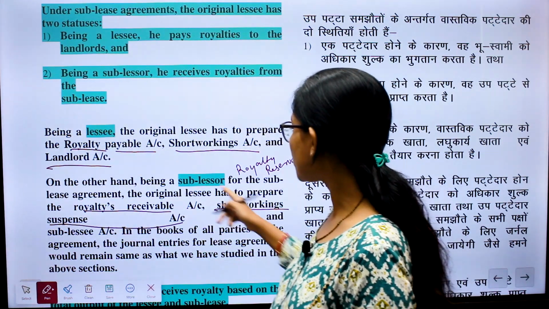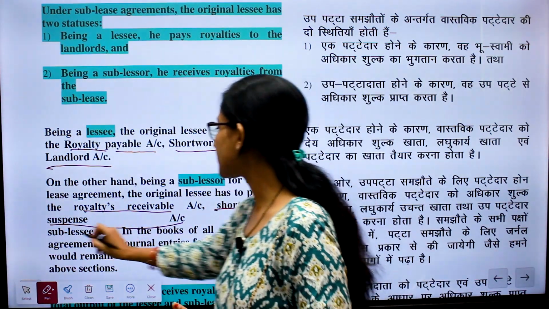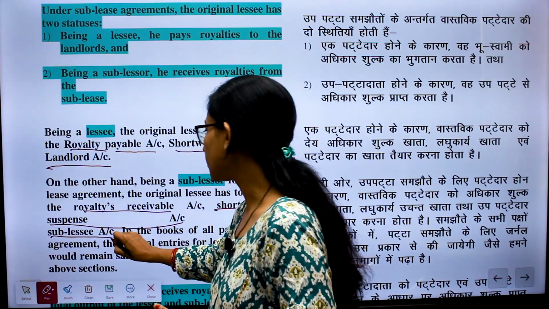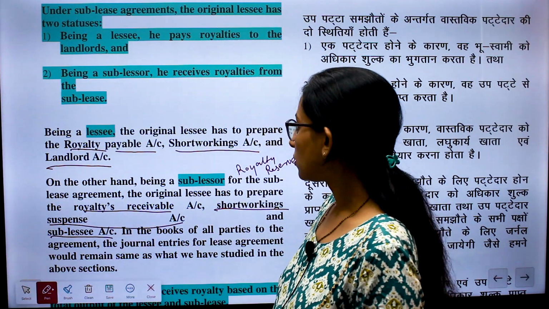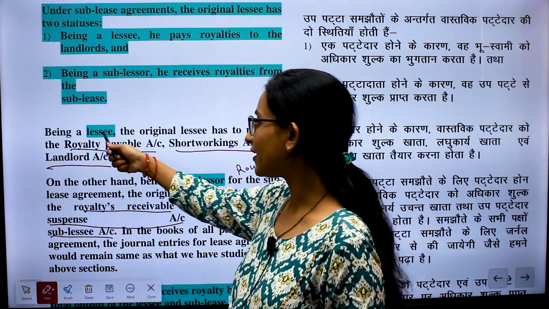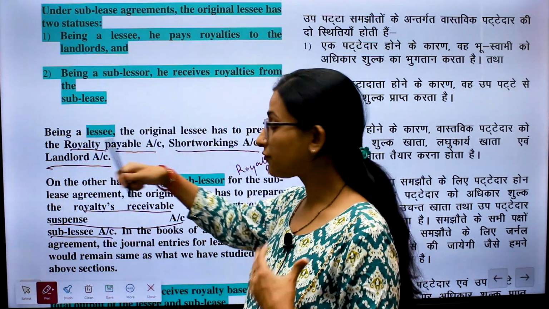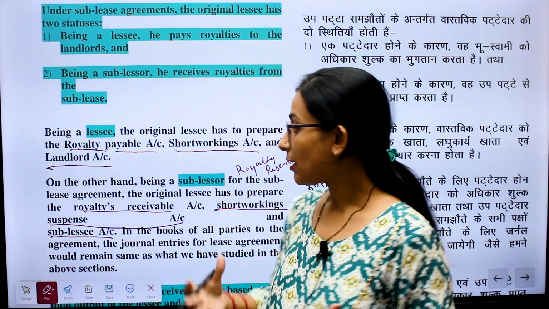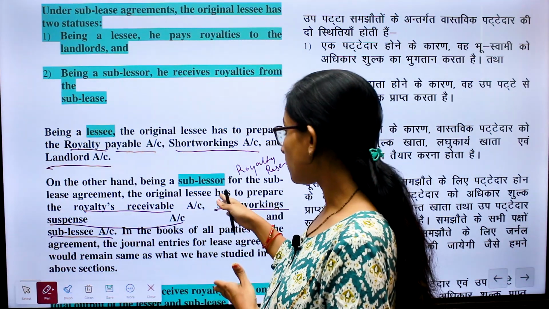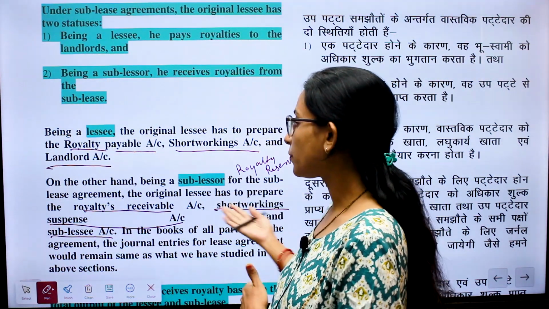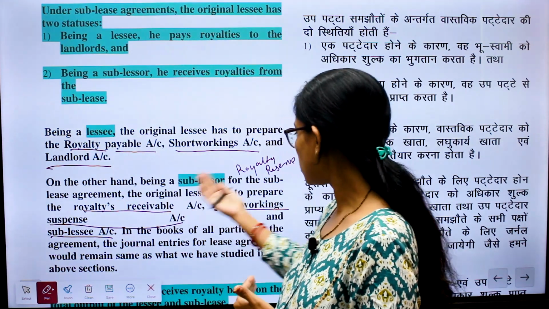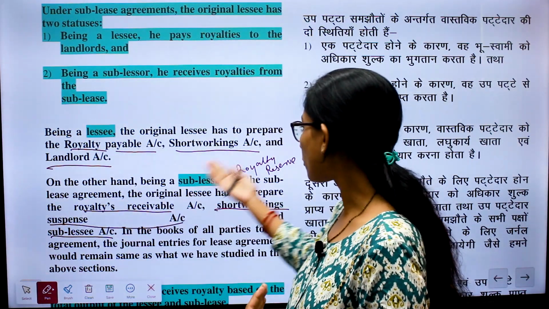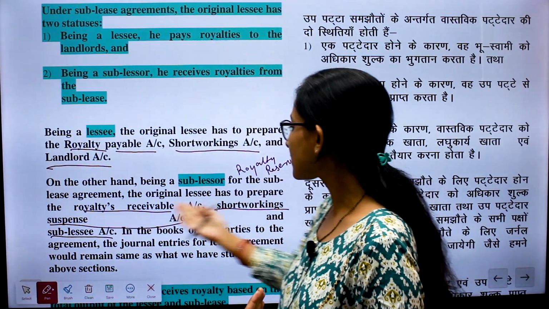And the third account which the sublessor has to prepare is the sublessee account, meaning the third party account. These three accounts are mandatory for the lessee to prepare in his books. If a question asks to prepare the necessary ledger accounts, from the sublessor's point of view, he has to prepare the royalty receivable account, royalty suspense account or royalty reserve account, and sublessee account.